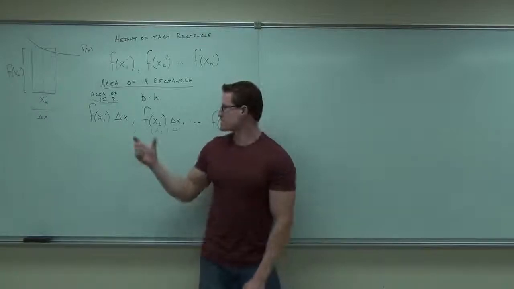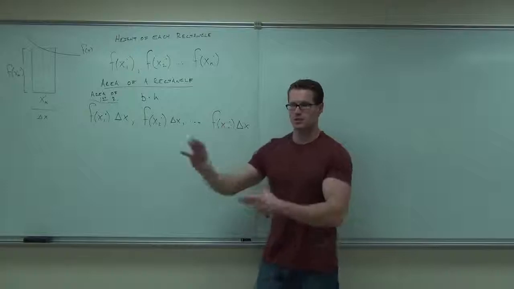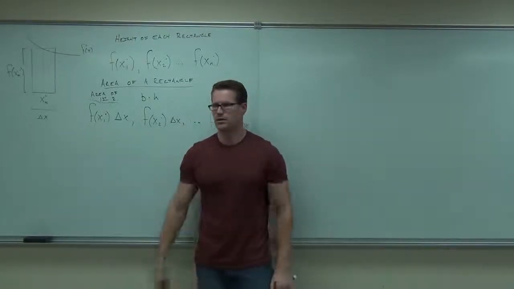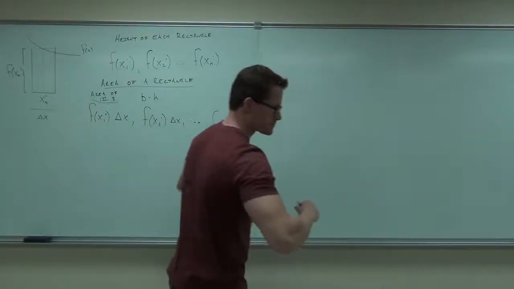Now, since this is the area of each individual rectangle from 1 through n, and that encompasses all of them, how do you find the area of the whole thing? Add them up. So then area would be this.